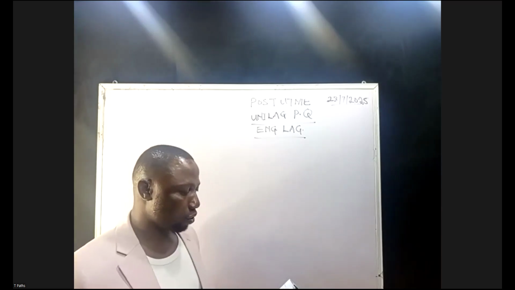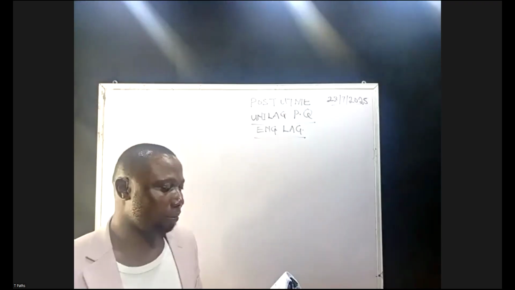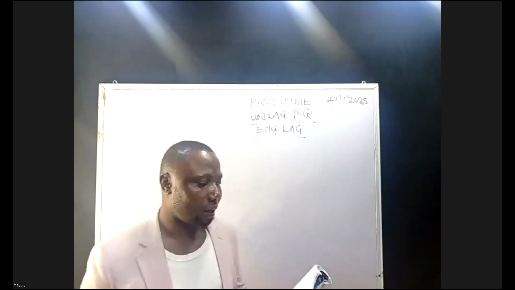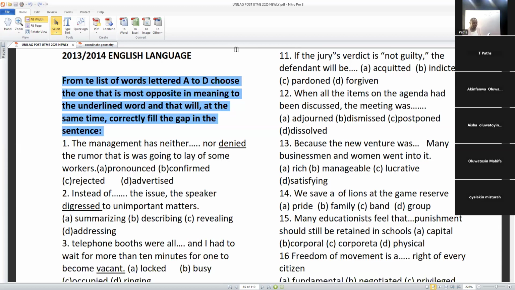All right. So let's start quick. From the list of words lettered A to D, choose the one that is most opposite in meaning. When I say most opposite in meaning, that means antonyms.